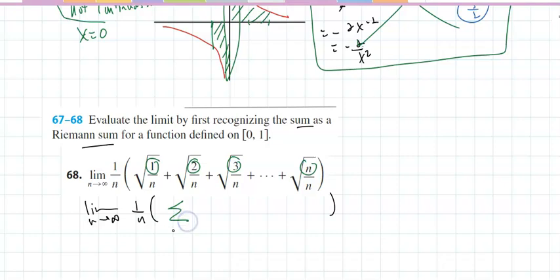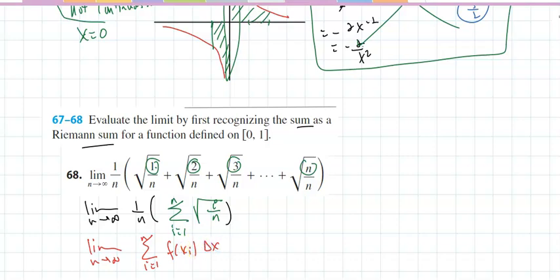Can't I say that's the series from i equal 1 to n? It runs from 1 to n. Of what? i? Well, think about it now. I'm comparing that to the limit as n approaches infinity of the series i equal 1 to n of f of x sub i delta x.